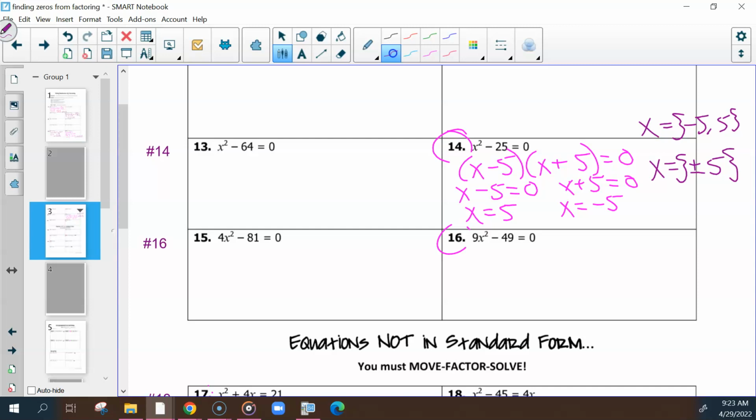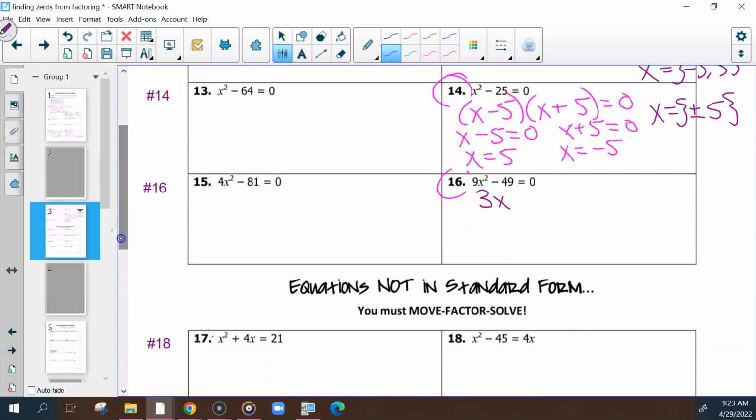For 16, how would we factor that? Difference of squares again, so 3x minus 7, 3x plus 7, and set both factors equal to 0. This is a case where I would solve at least one of them, because the other one's just going to be the opposite, positive or negative, or whatever you have.